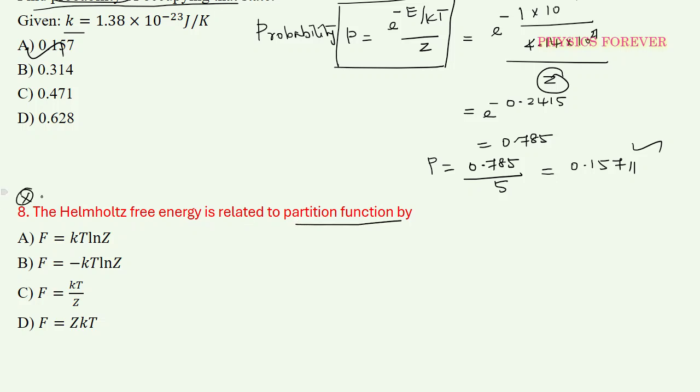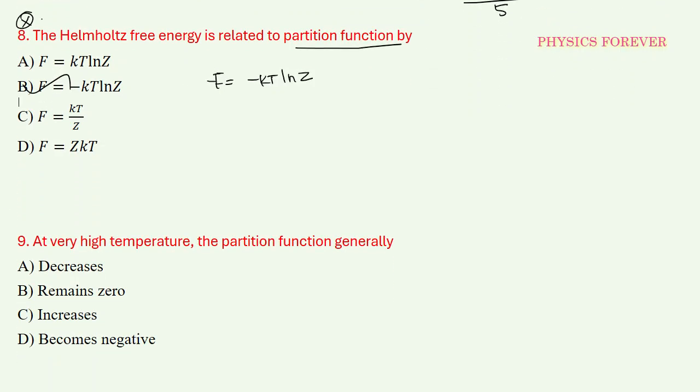The correct option is B: F equals minus kT log Z. Question number 9: at very high temperature, the partition function generally increases. Z equals the summation of e power minus Ei by kT, and at very high temperature the partition function also increases. So option C is correct.